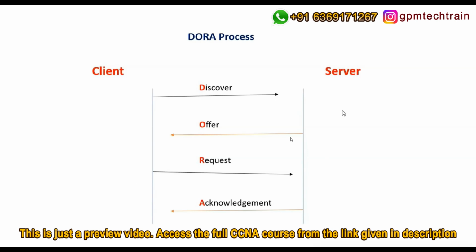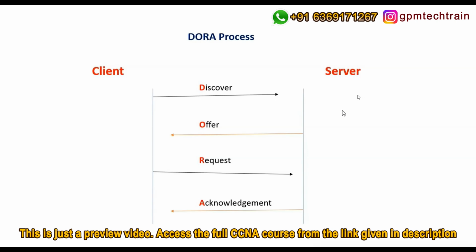Once it is offered to the client, the client will send a request. The client is again requesting the server, telling it: you have given me this IP, I'm okay with it, please reserve this IP for me. Once the server receives the request, it considers this the confirmation from the client requesting the same IP that was offered.